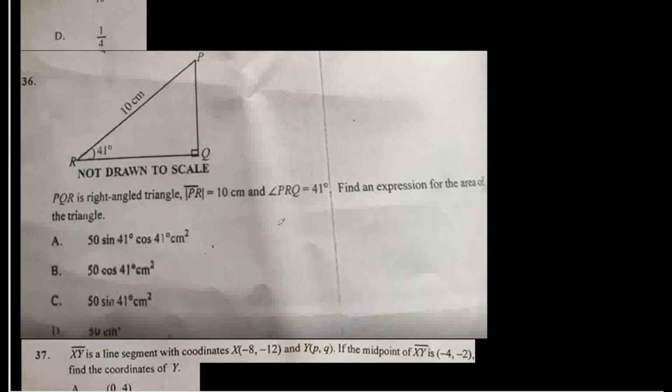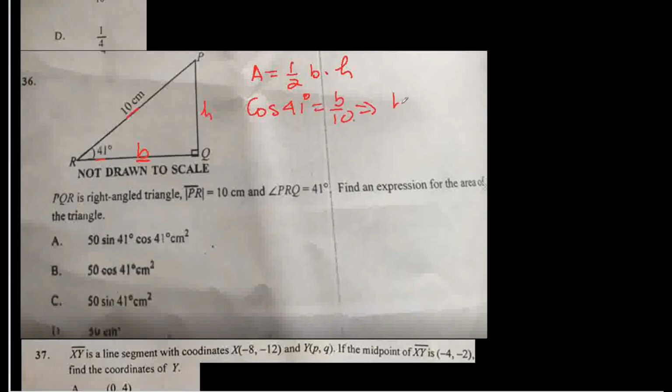Again, this is not drawn to scale. PQR is a right-angled triangle. PR is 10, and given angle PRQ is 41 degrees. Find an expression for the area of the triangle. Area of a triangle is half base times height. We don't know the base or the height, so we'll have to use this 10 and 41 degrees to find B. B is the adjacent side, right? So cos 41 degrees will be B over 10.